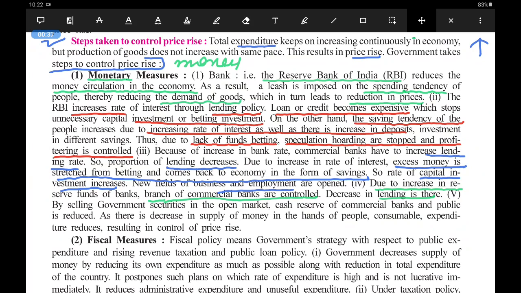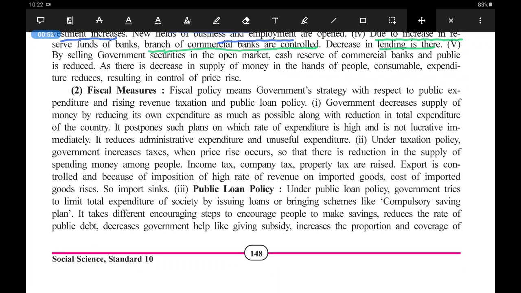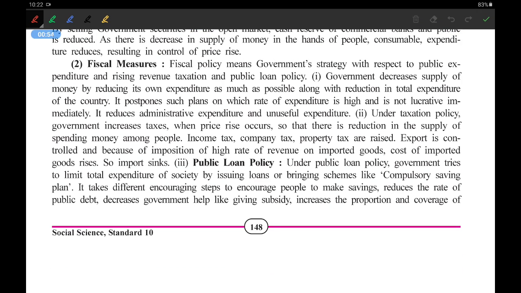We saw how the banks reduce the lending policy related to loans, and ultimately that will decrease the price rise. Today we are going to see the second important topic, that is fiscal measures.